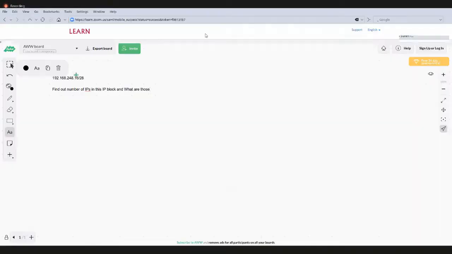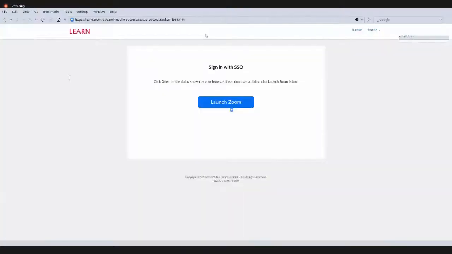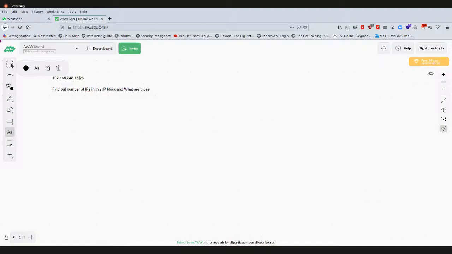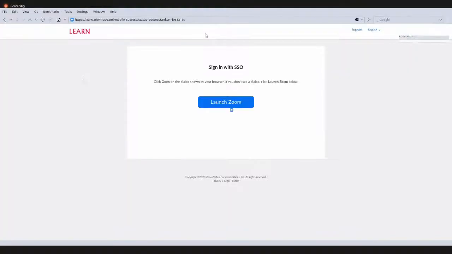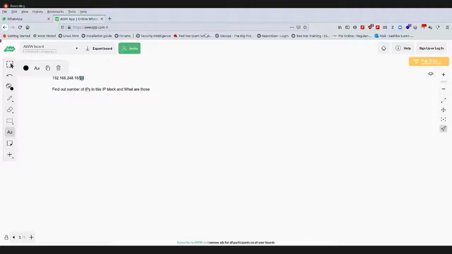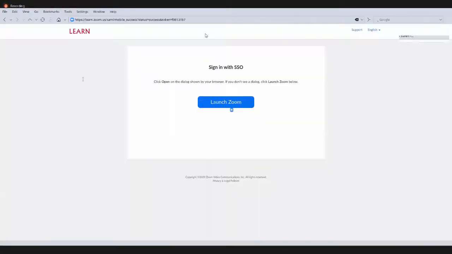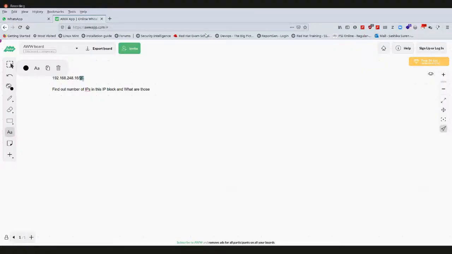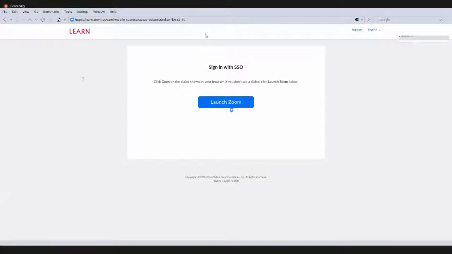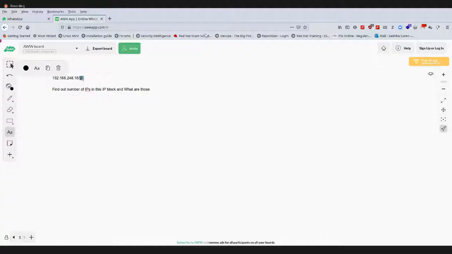Can you guys quickly go through this? Because you know what this is. When you say 192.168.248.16/28, you should know that /28 means that from the 32-bit subnet, they have assigned the first 28 bits for the network and the last 4 bits for the host.